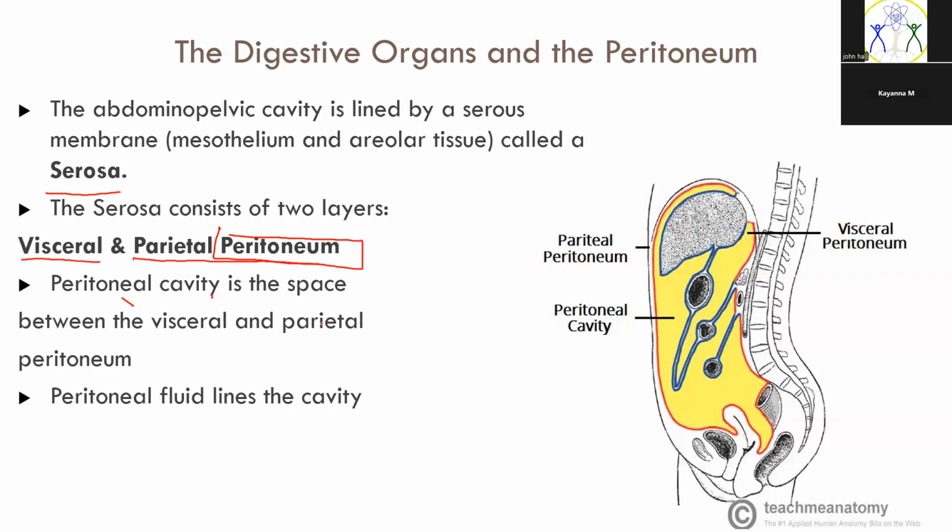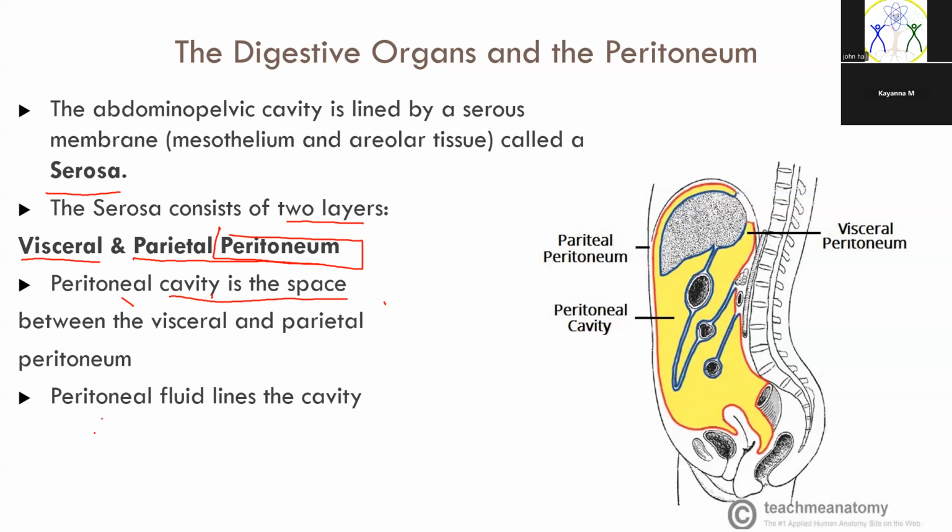And of course, as we know, generally speaking, between the two layers of serosa, you always end up with a little cavity, right? You remember pleural cavity, for example, when we were doing the respiratory system. And within that cavity, just like in the respiratory system, you're going to have fluid produced for the purpose of lubrication. Okay?